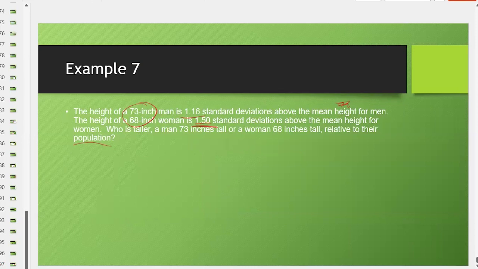And we know that immediately from the z-score. We don't need any other information. The person who's taller is going to be the woman who's 68 inches tall compared to the man who's 73 inches tall, because her score is further from the mean. It's further from the average.